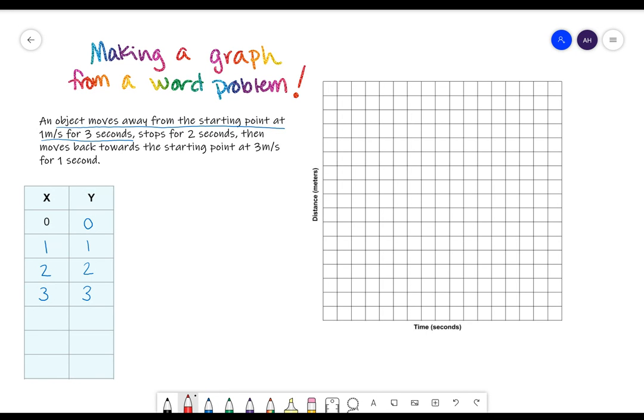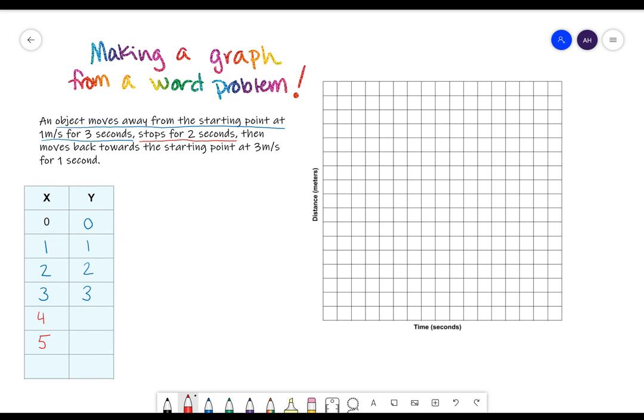Now, our next little chunk says that the object stops for 2 seconds. Okay? So I'm going to go ahead over here on the X, which is our time. It's always going to be our time, just like it is here on the graph. That's our X axis. So I'm going to add 2 seconds to my time, and I'm not going to start over. I'm just going to add 2 more to what I've already done.